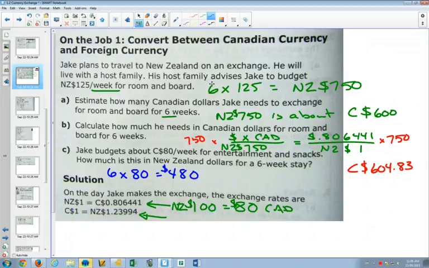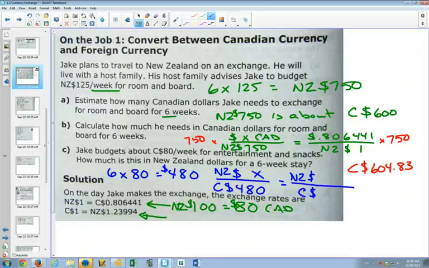So now, when we're setting up our proportion, we want to find out the amount in New Zealand dollars, so that's what we don't know. We know that we have 480 Canadian dollars. On this side, we need to put New Zealand dollars on the top and Canadian dollars on the bottom.